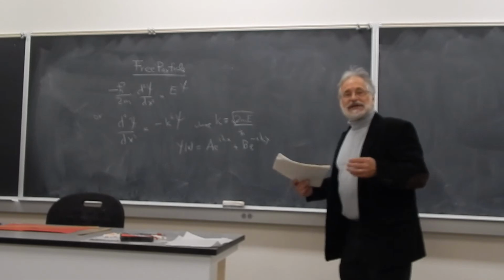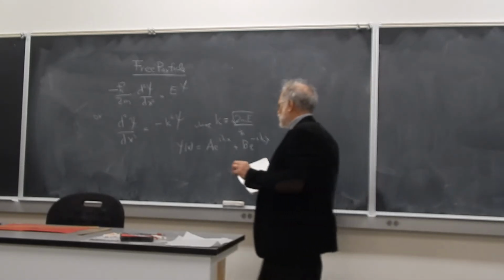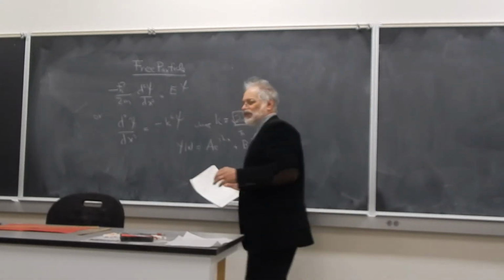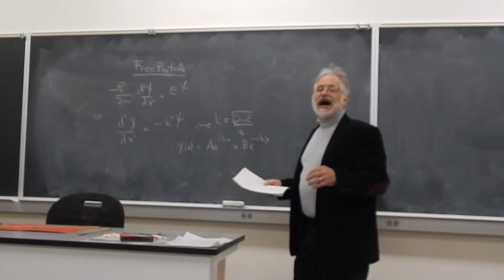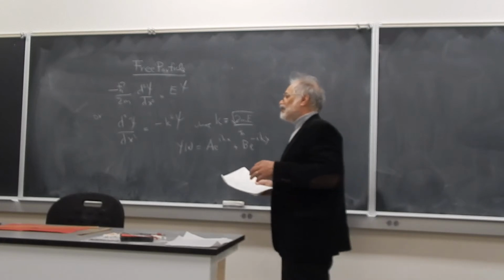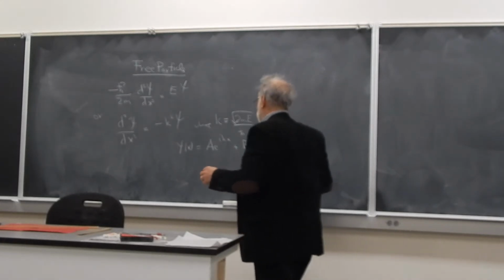I can also put a time dependence with this. Remember, as we said earlier, all I have to do is multiply by e to the minus i E t over h bar, that is, i omega t.